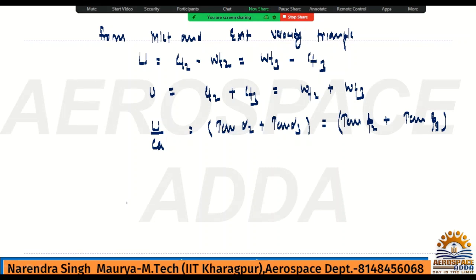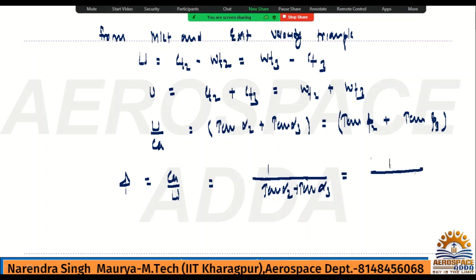So if you write the flow coefficient, phi is nothing but CA by U. If you write this value, this is the value of the flow coefficient. It's your choice. If they have not given the angle, then you can use the velocity components, and you can write in this format also. All right.